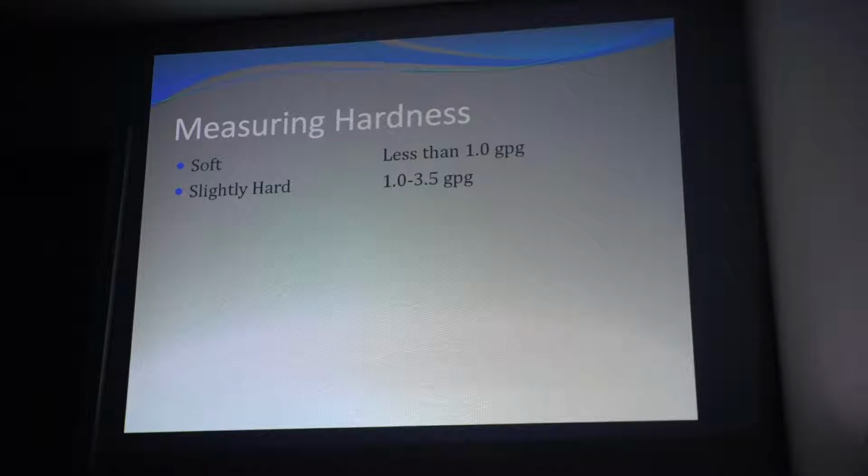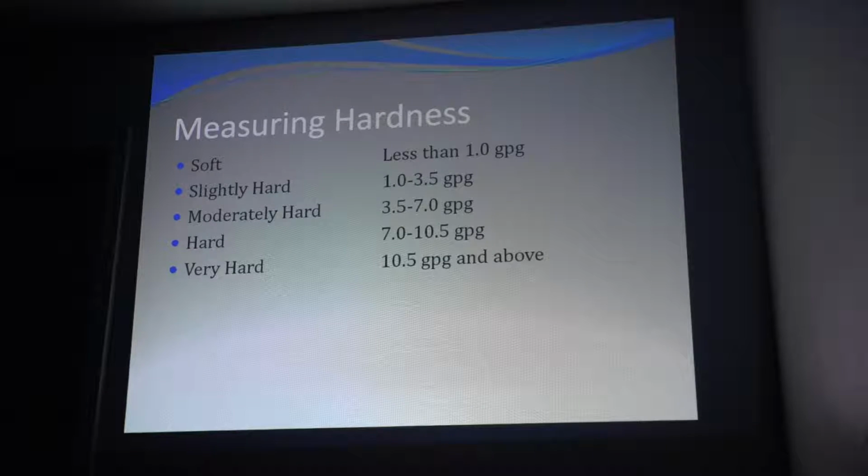Our field test kits you guys are using are testing in grains per gallon. Slightly hard is 1 to 3.5. Moderately hard is 3.5 to 7. Hard water is 7 to 10.5. Very hard is 10.5 grains per gallon and above. Wisconsin state average, once again, is 15 grains per gallon.